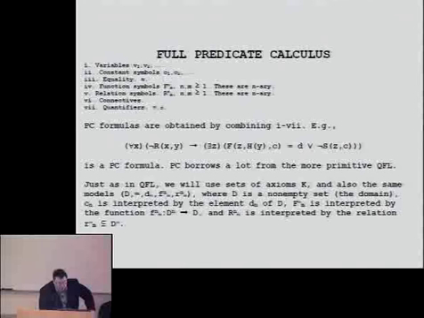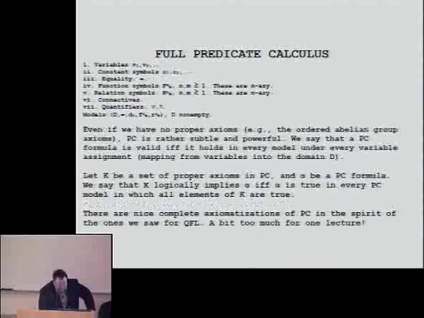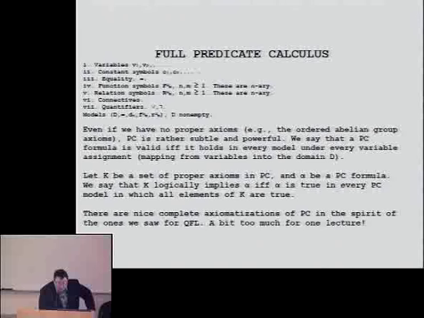We use sets of axioms K and the same models as before in full predicate calculus. Same thing. However, even if we have no proper axioms, PC is rather subtle and powerful. We call a formula valid just in case it's true in any structure under every variable assignment.